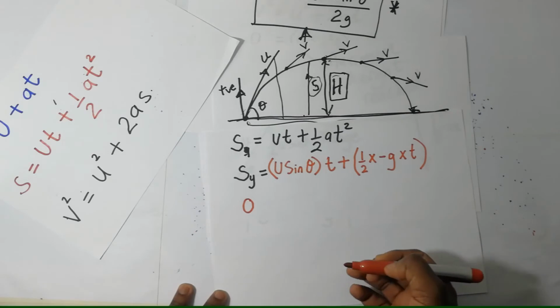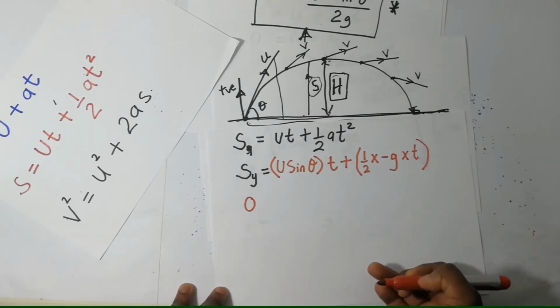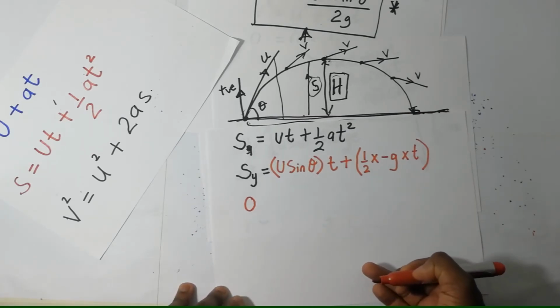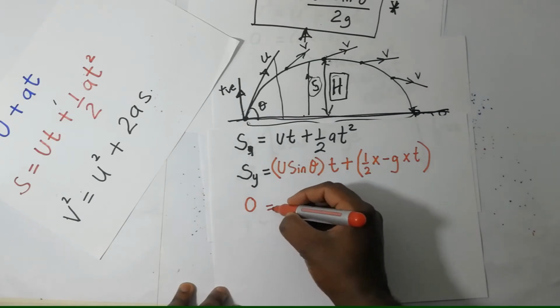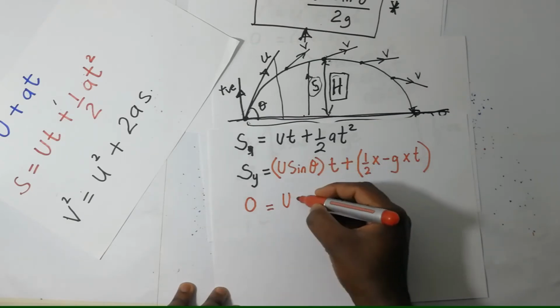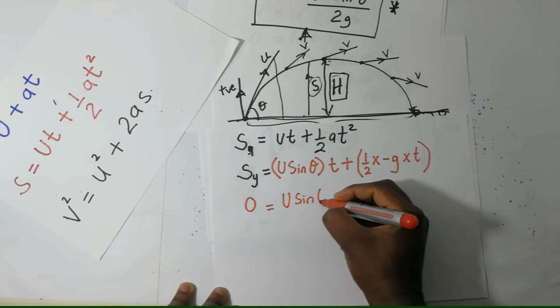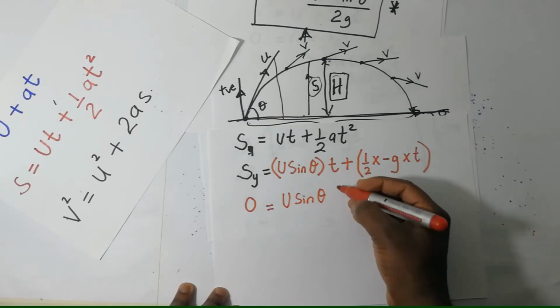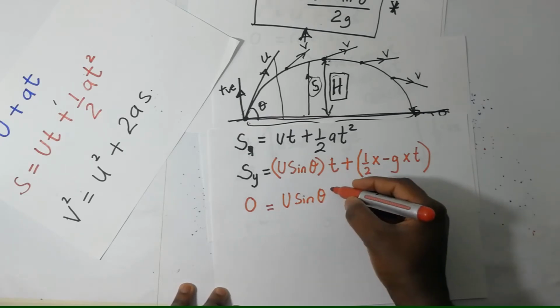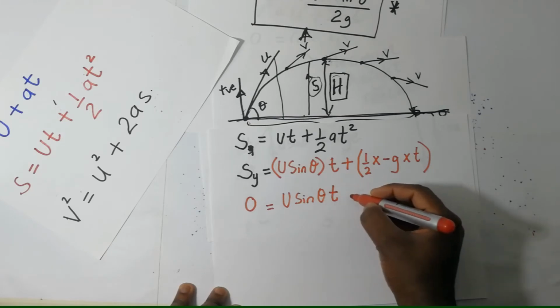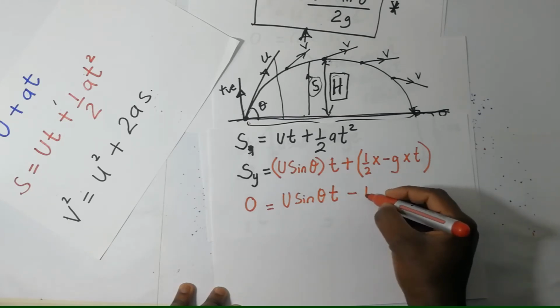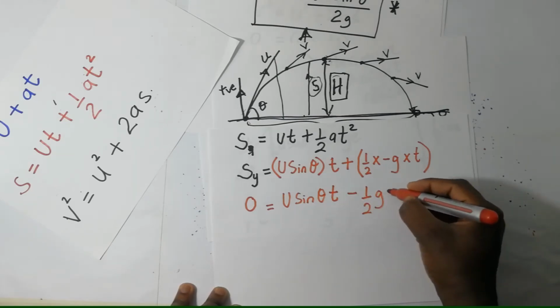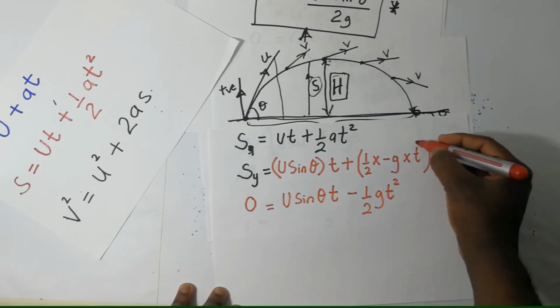that's the characteristic we are trying to exploit. When the displacement is 0, this means it's going to become u sine theta times t, then this is minus a half g t squared.